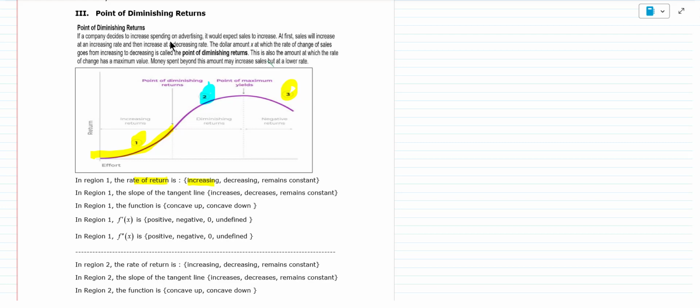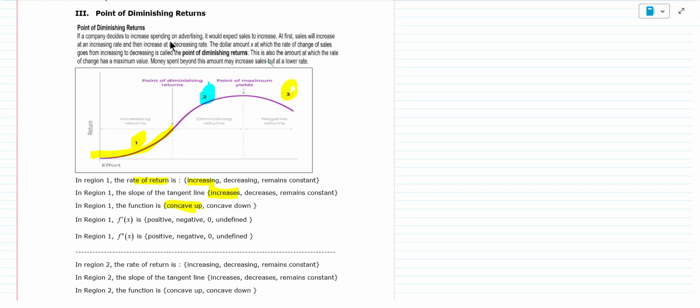Are we concave up or concave down right there? Concave up. That's what concave up really means: the slope of the tangent line gets bigger.